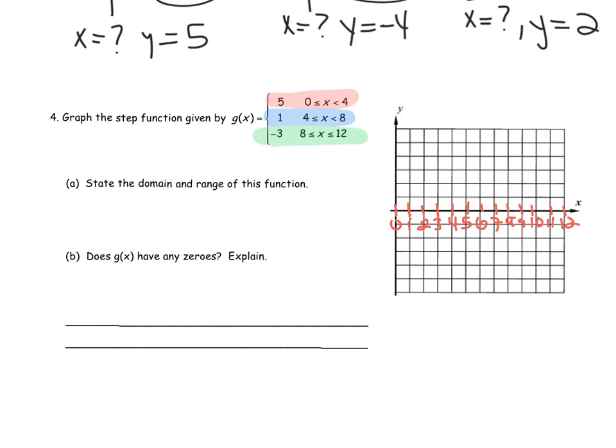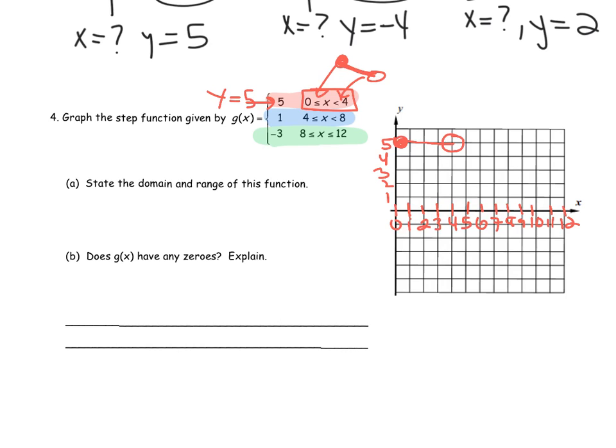So my y value is at 5. So my y value equals 5 when x is between 0 and 4. So let's see, here's 1, 2, 3, 4, 5. So between 0, including 0, all the way to 4, open circle, right? Open circle, that has a closed circle. Connect them with that nice horizontal line.